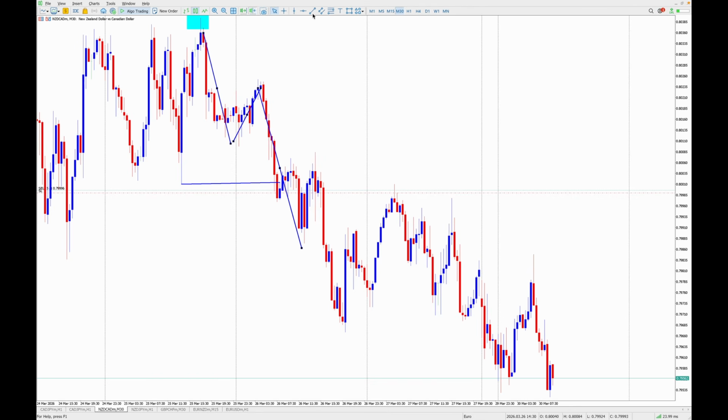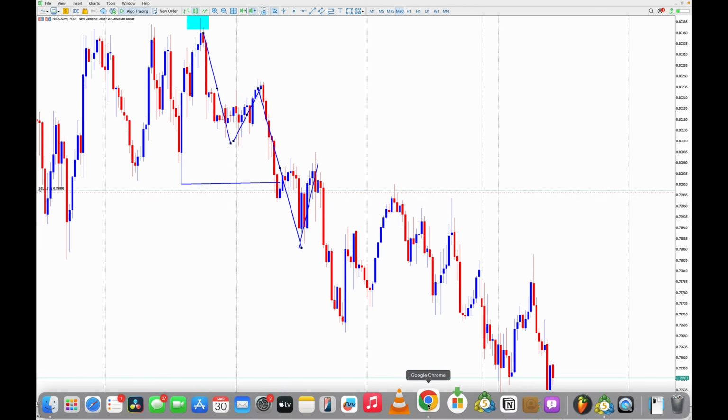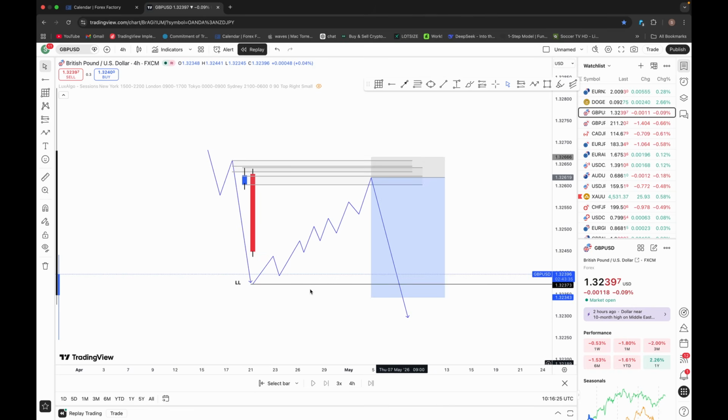But what you actually want to wait out for, as I showed you on the example, is you want to see the fast moves. And this is one of my favorites when we identify an engulfing, right? All I'm looking for is then price to make its way back to this area, and I can go in and look for sales, right?